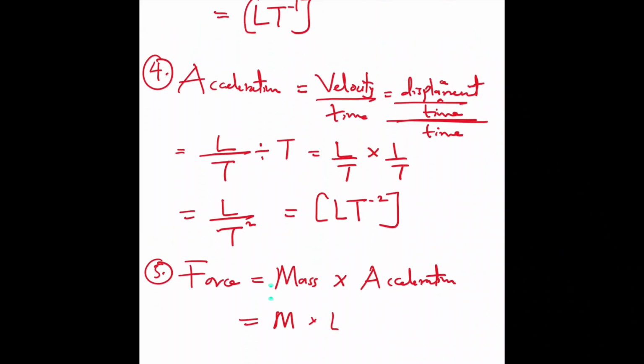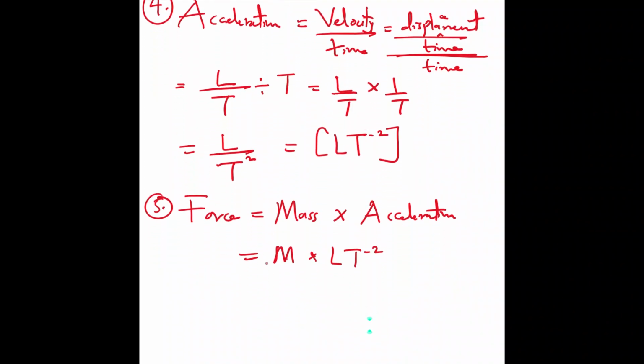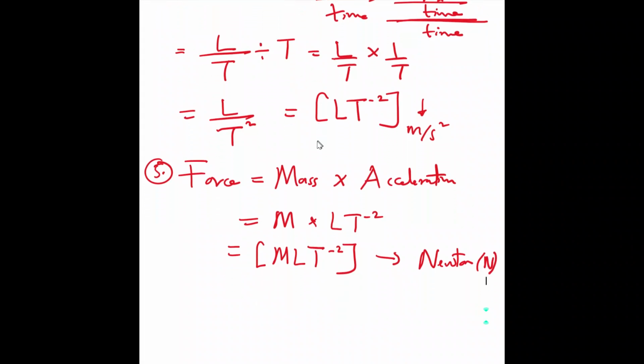And we already got for acceleration LT raised to power minus 2. So if I write it together, it's going to be written like this: MLT raised to power minus 2. Okay, and you need to know that the SI unit for acceleration is meters per second squared. The SI unit for force is Newton. Okay, Newton.